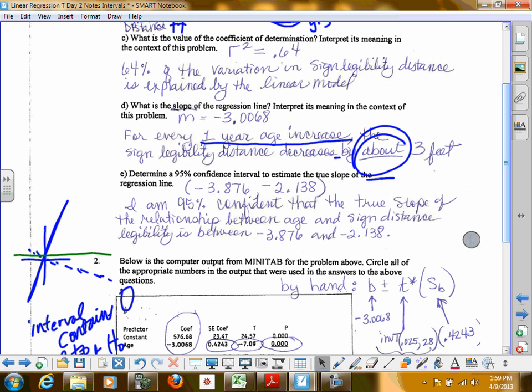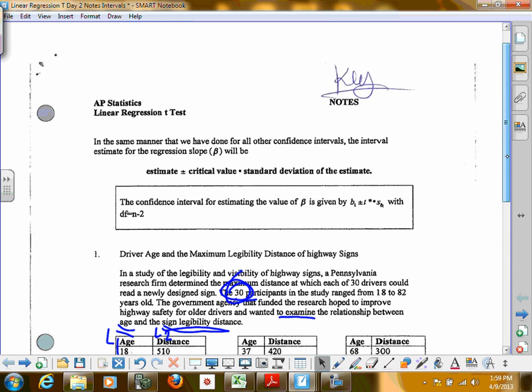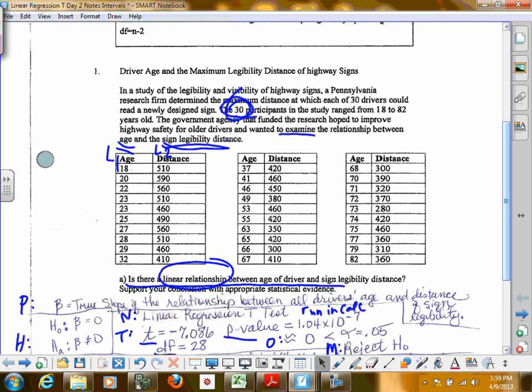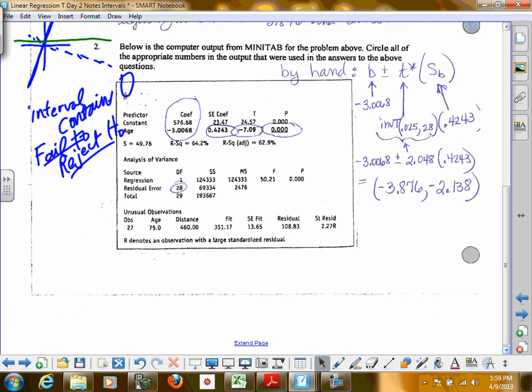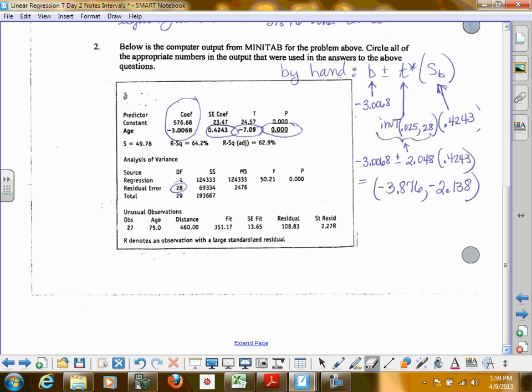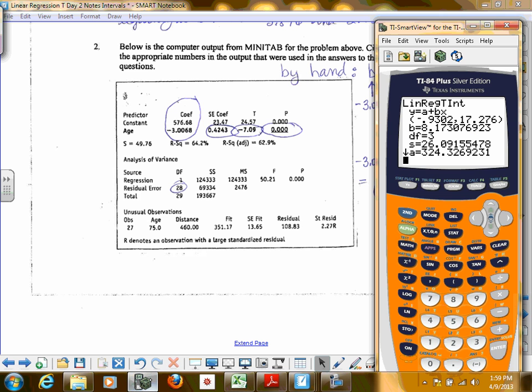It is how to do this interval when you have a set of data that you have put into your lists. Okay? The second way that I want you to be able to get the interval is from a computer printout. From a computer printout like this, you do not have all of the data to put into your calculator, so you can't go to the LinRegTInterval in your calculator.